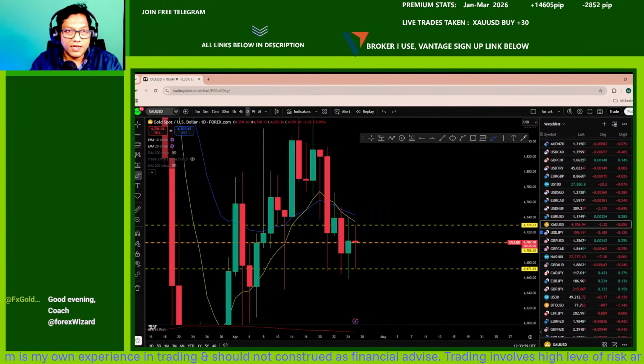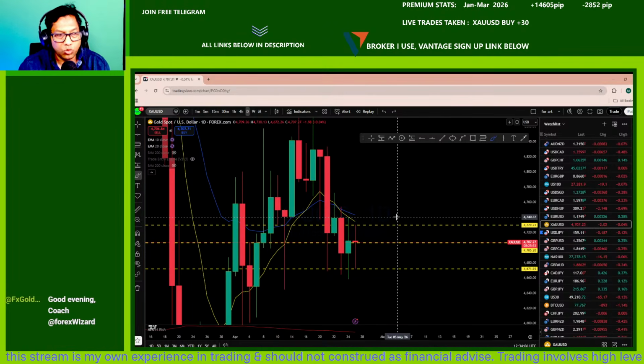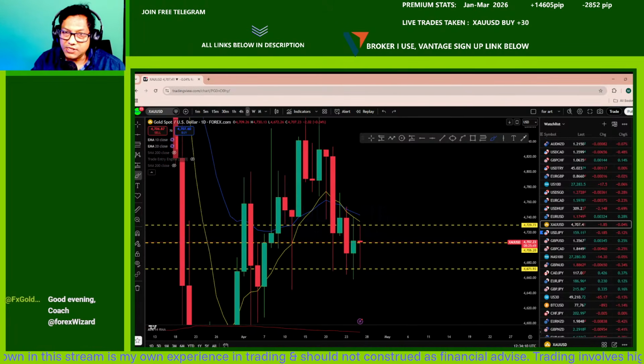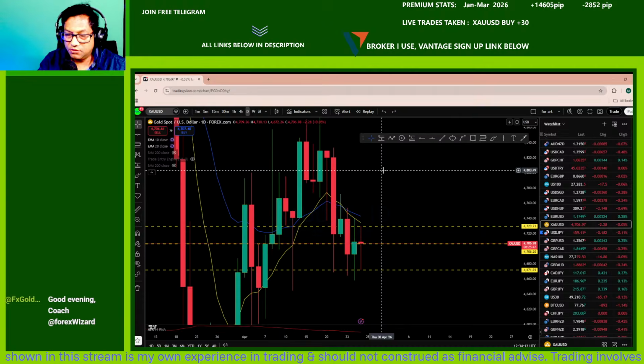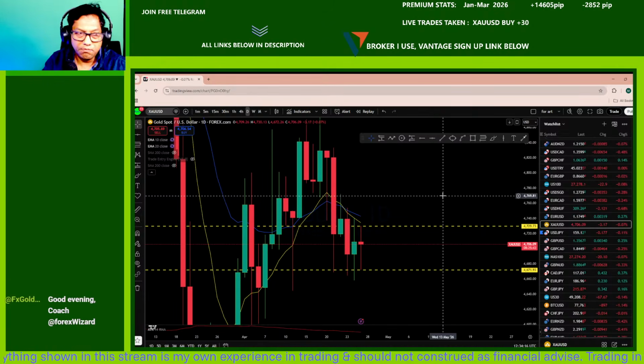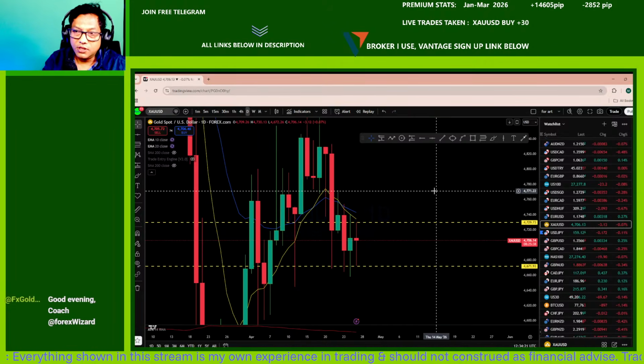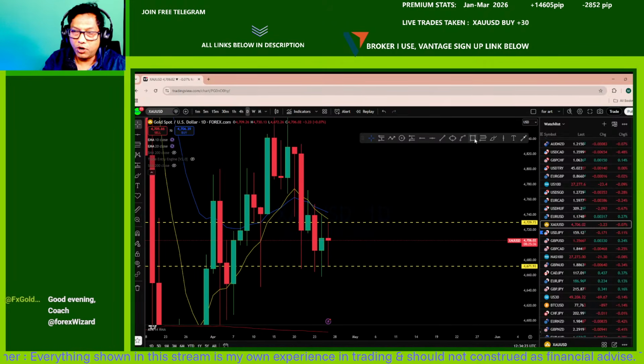And technically, we can see the market is potentially preparing for another wave of move, and we are looking at entry in this NY session for this move coming here in the market. So I'm taking this middle line away so that we can have a zone that we can look at for entry.